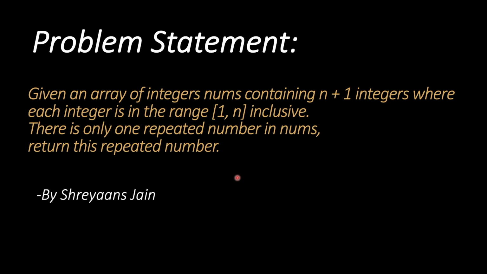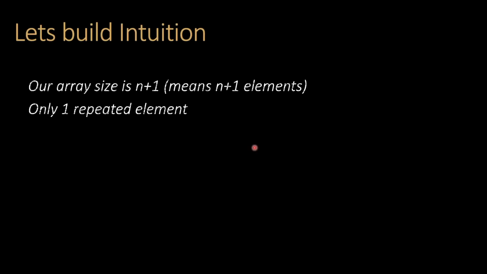Okay, so let's build the intuition first. So what we are basically given, let's focus on that for now. We have an array whose size is n plus 1, which means it has n plus 1 elements and there is only one repeated element.